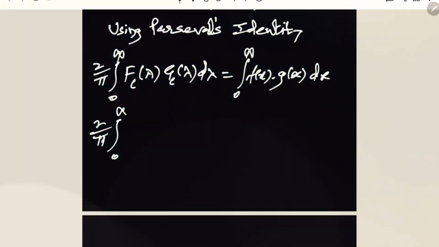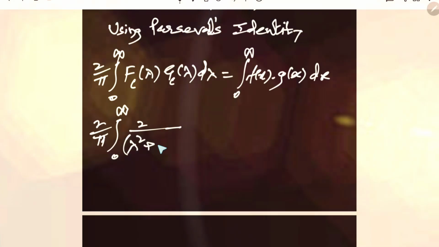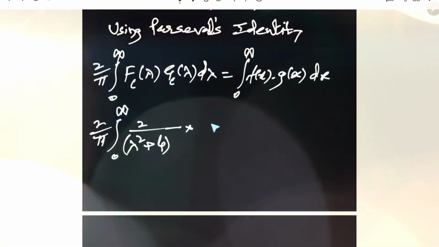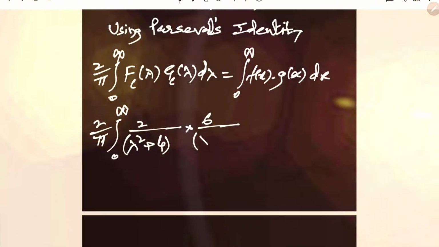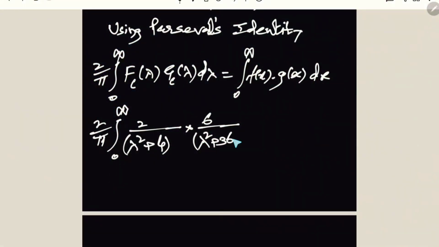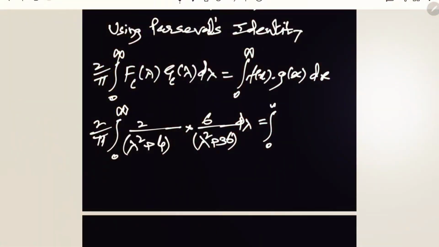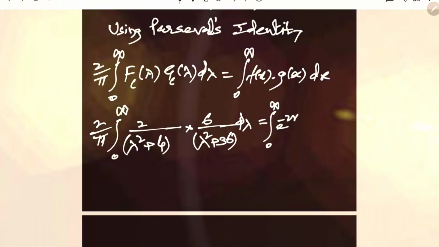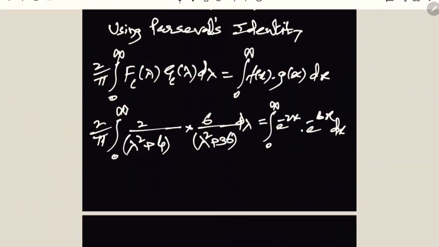Substituting the values, we get 2 by pi times the integration from 0 to infinity of fc lambda, which is 2 upon (lambda square plus 2 square), multiplied by 6 upon (lambda square plus 6 square) d lambda, as the integration from 0 to infinity of e raised to minus 2x into e raised to minus 6x.